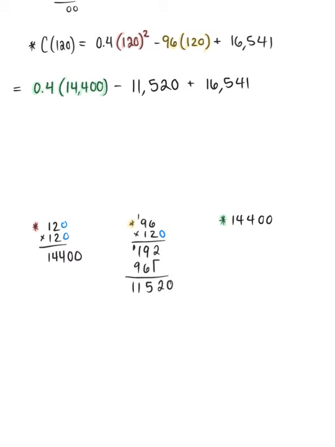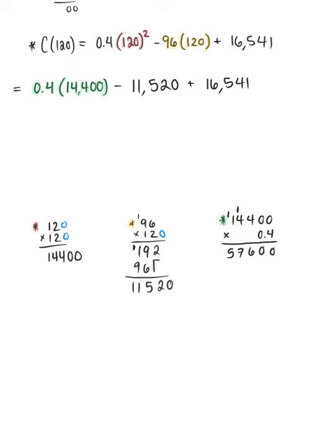So next order of business here, we need to find the product 0.4 times 14,400. So we have 4 times 0 is 0, 4 times 0 is 0, 4 times 4 is 16, 4 times 4 is 16, plus 1 is 17, and then 4 times 1 is 4, plus 1 is 5.